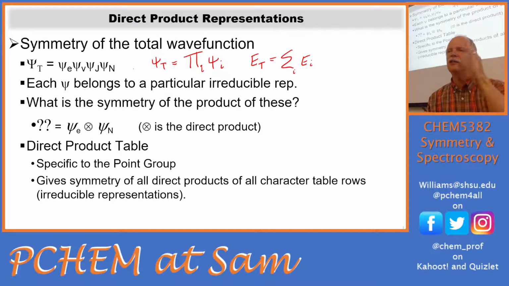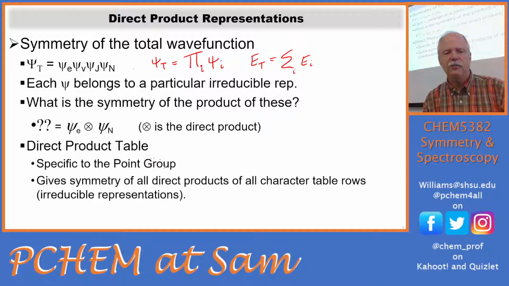Whereas the wave functions, it's the product of all of those: wave function 1 times wave function 2 times wave function 3. And if we bring light in there, there's the wave function for light, or symmetry of light, and we can put that into this product as well. We're going to have these direct product tables related to the point groups, and we're going to use those.